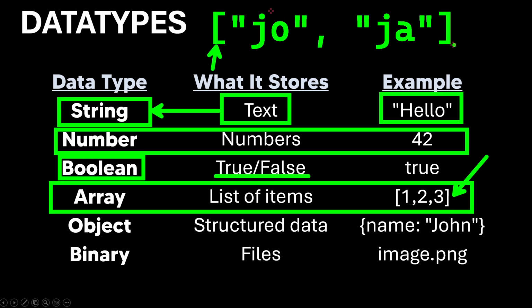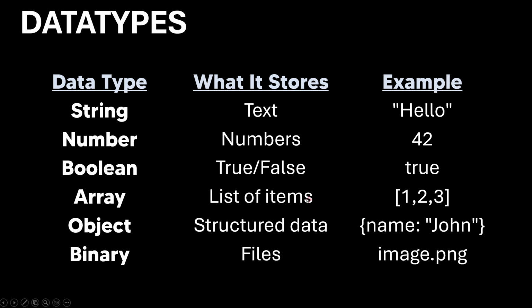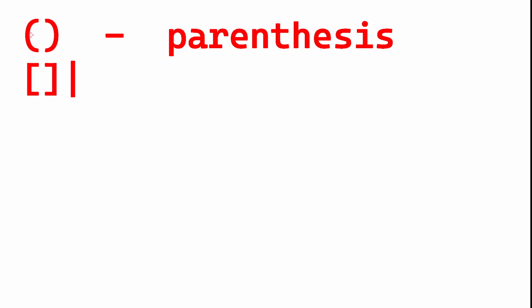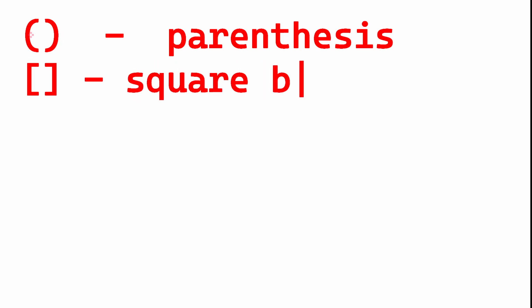And you might be wondering, what's a square bracket again? On your keyboard you have different kinds of brackets. You have essentially four kinds of brackets. This one is usually called parentheses. Then we have the second kind of bracket, which I used earlier, and this one is called square brackets.